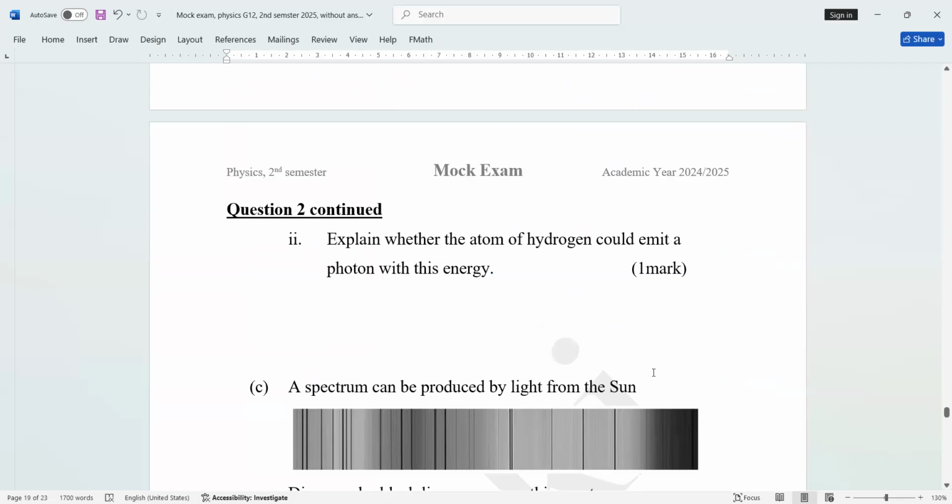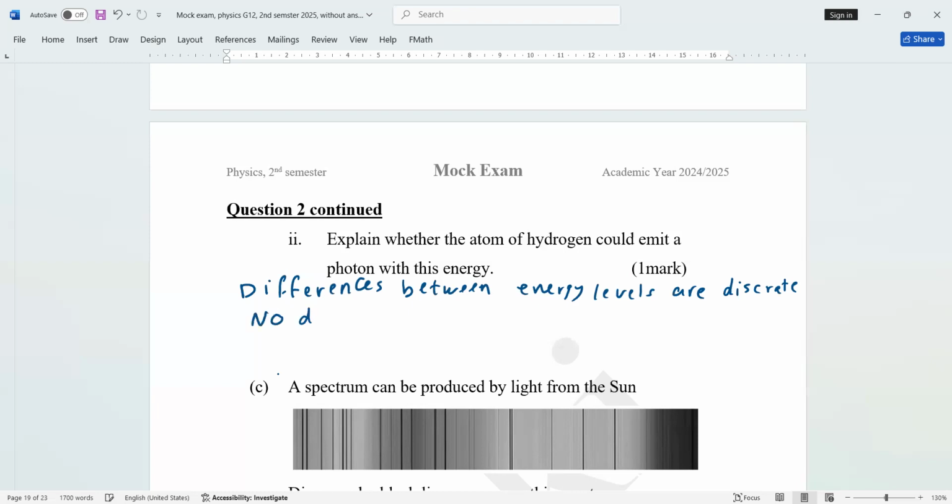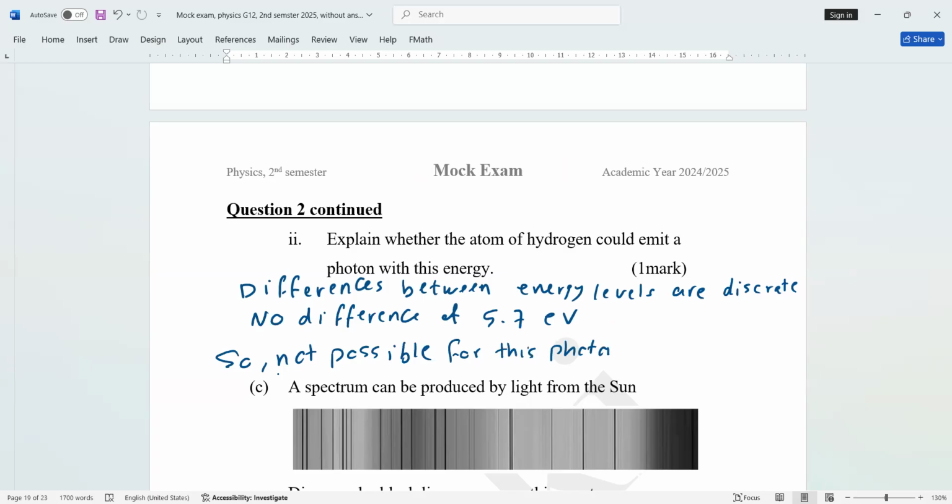So it is not possible for this photon to be produced. Again, differences between energy levels are discrete, meaning specific fixed numbers. No difference of this value, 5.7 electron volt. So not possible for this photon to be produced.